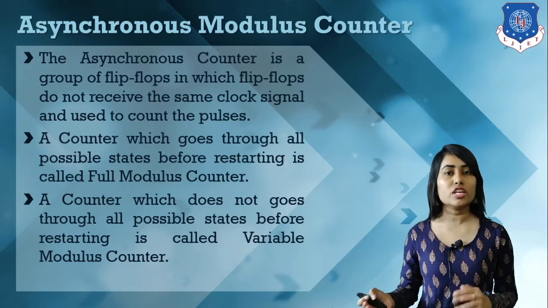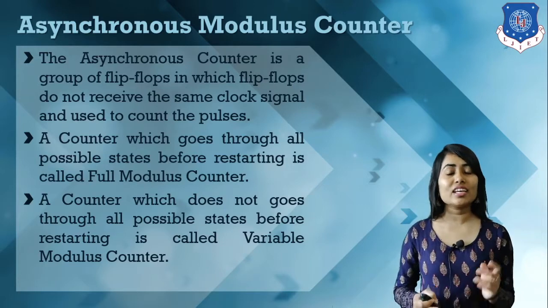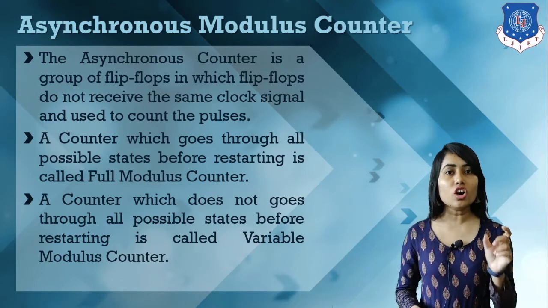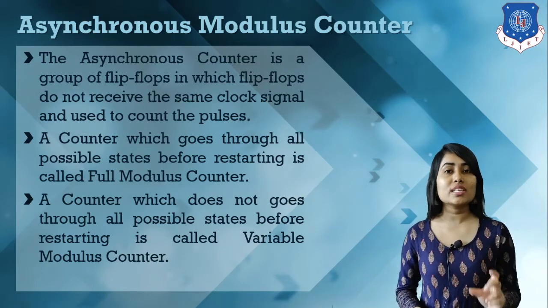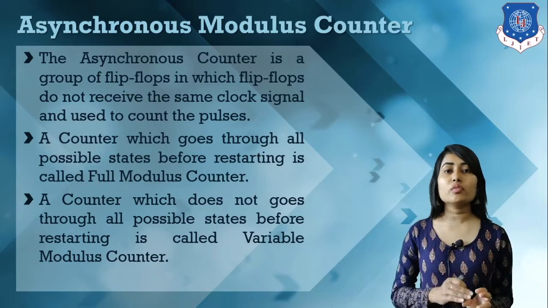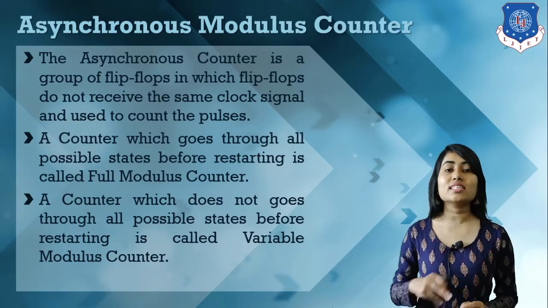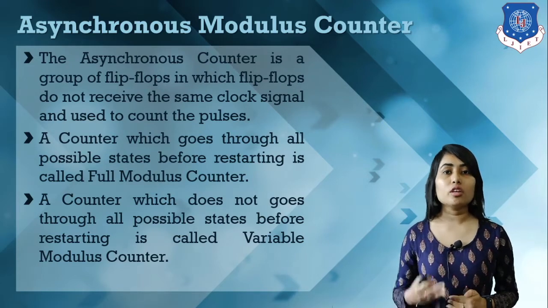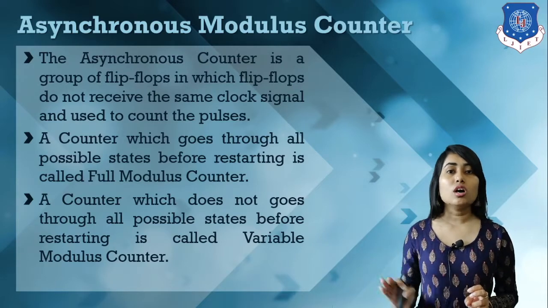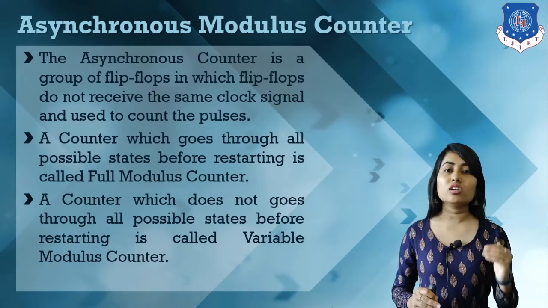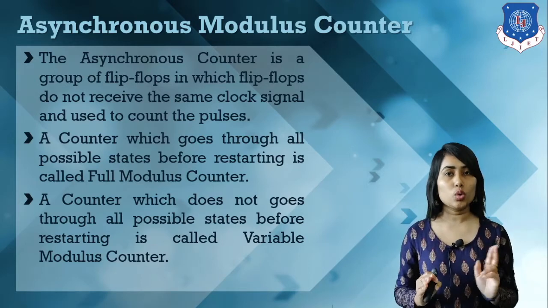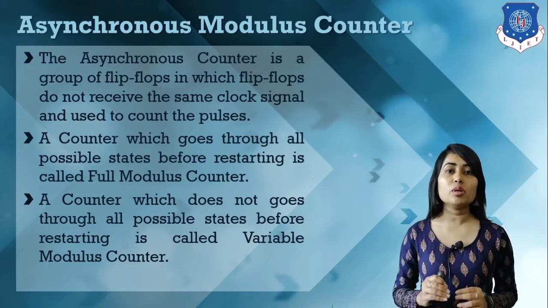But before restarting, if the flip-flops count only 6 states, this is known as a mode 6 counter. And this counter is a variable modulus counter because the 3 flip-flops do not go through all the possible states. It counts only up to 6 states and then restarts with the 0. So this is known as a variable modulus counter.